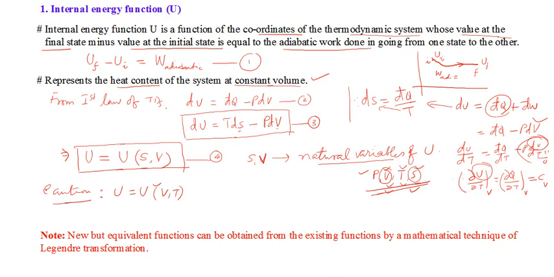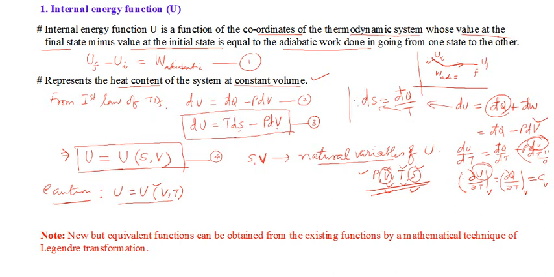I repeat, U will be given the special status of a thermodynamic potential, with all its benefits and properties, if and only if U is expressed as a function of entropy and volume of the system. If you are expressing U as a function of volume and temperature, then it is not going to get the status of a thermodynamic potential.